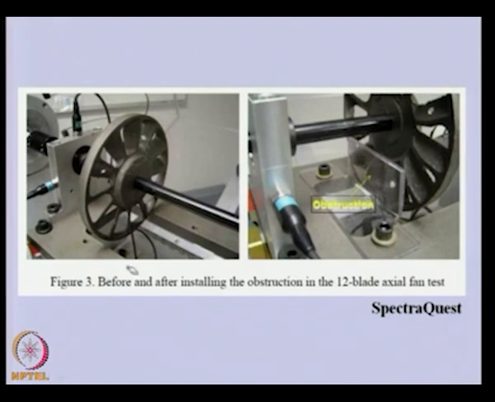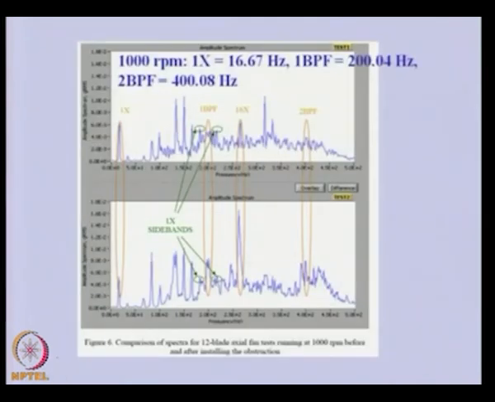This is a typical fan. Before and after installation, the observation in the 12 blade axial fan. So, there is a 12 blade axial fan, and this is taken from SpectraQuest lecture notes. This is the obstruction which was put here, so that we can get some kind of disturbance, and this is a typical signal in this.